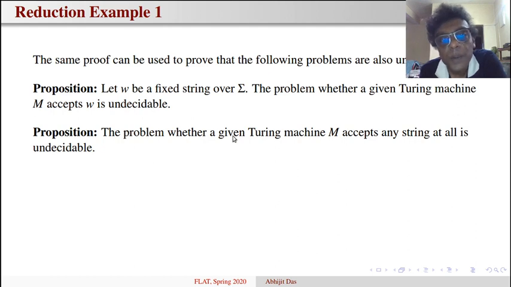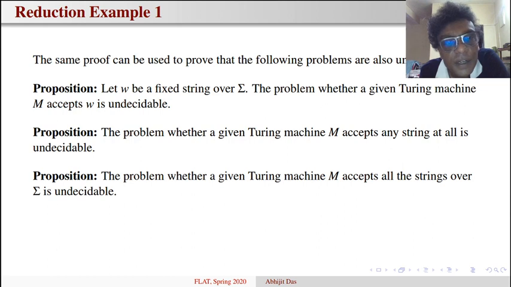Likewise, the problem whether a given Turing machine accepts any string at all. If it accepts sigma star, of course it accepts some string. If it accepts only the empty set, then it accepts nothing. So the undecidability of this problem can also be proved using the same reduction.